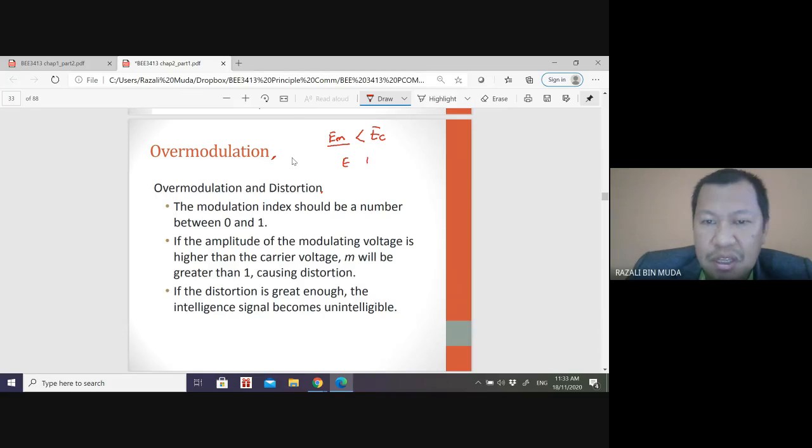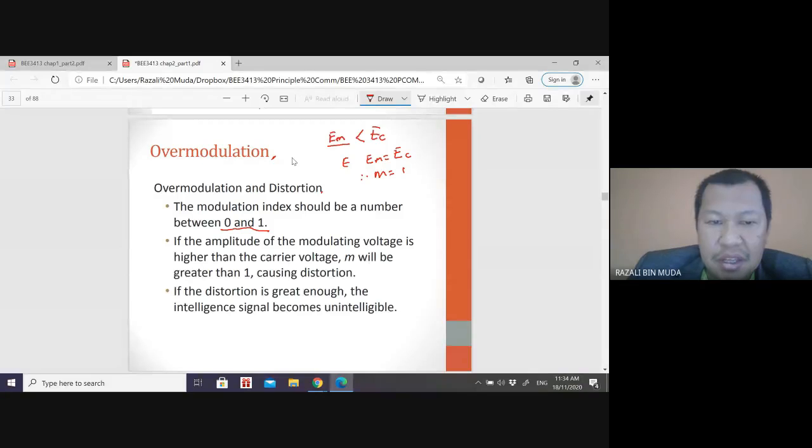Or if EM equals EC, then M equals 1. So a good modulation index should always be between 0 and 1.